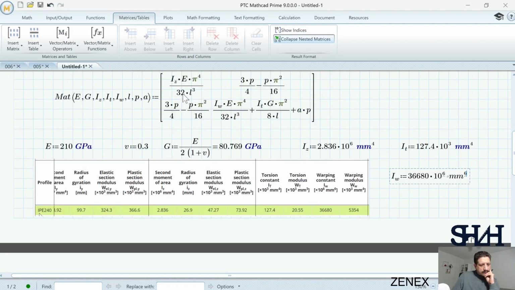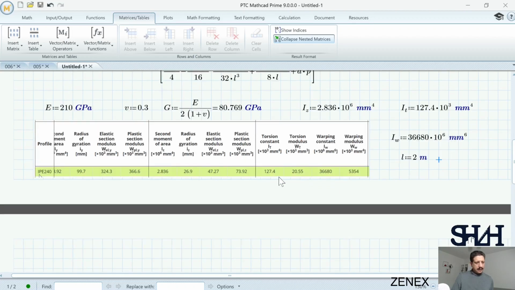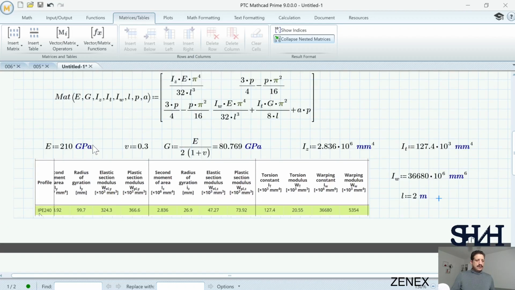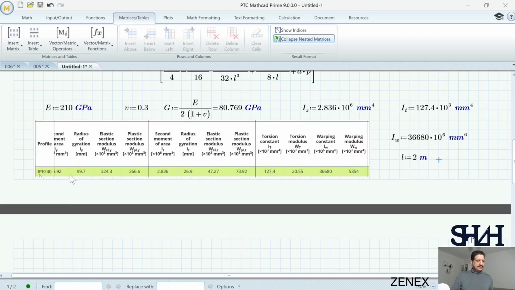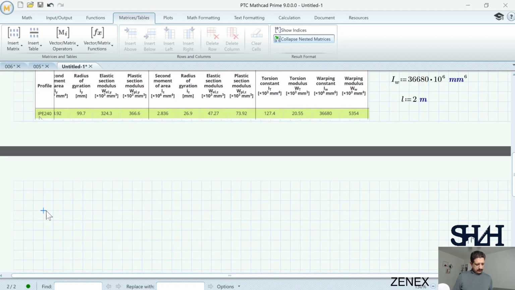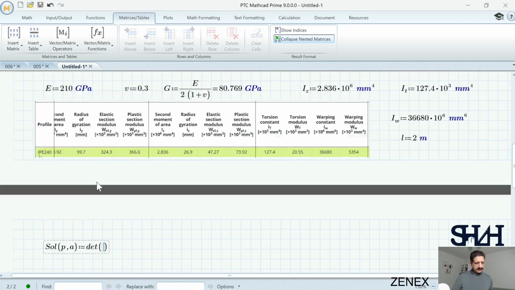So we have Iz, It, Iw, and we need to assume one length. Let's say L is 2 meters. So now the solution is the determinant of this matrix to be 0. So I will write solution of P and A is determinant of this matrix.